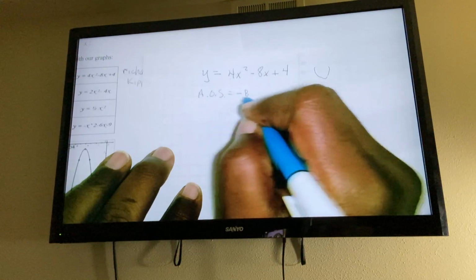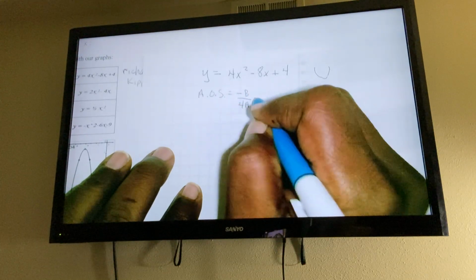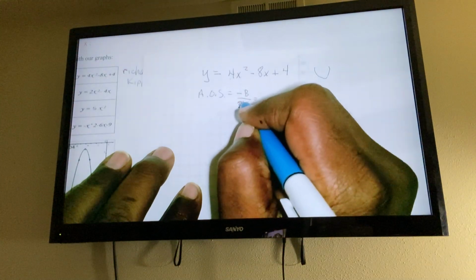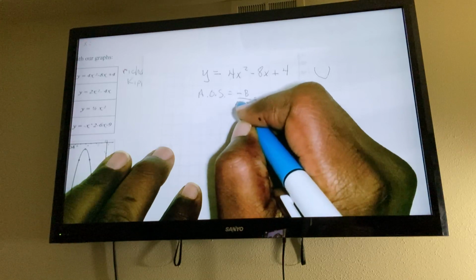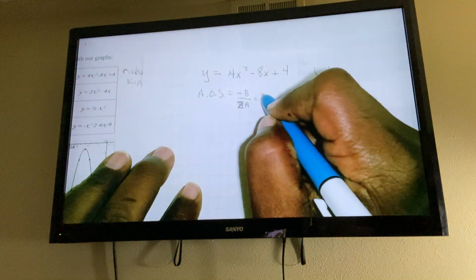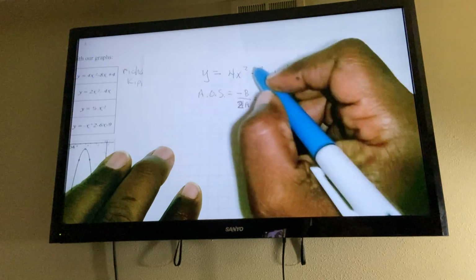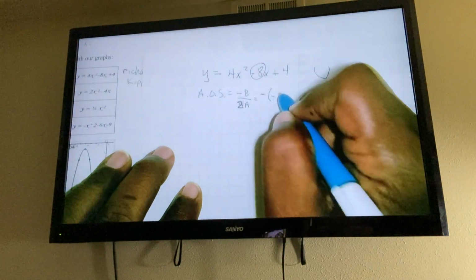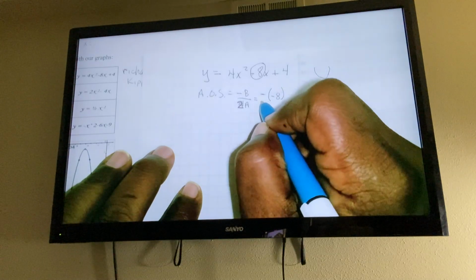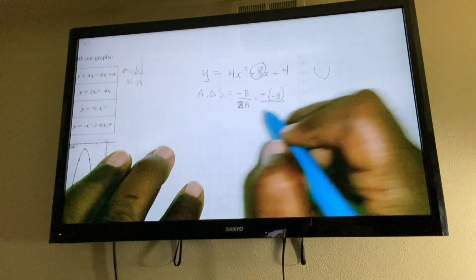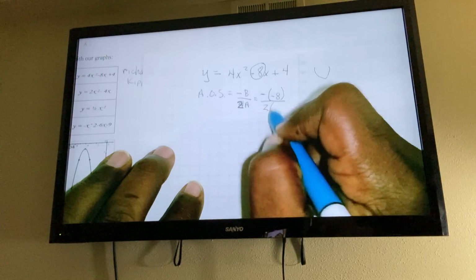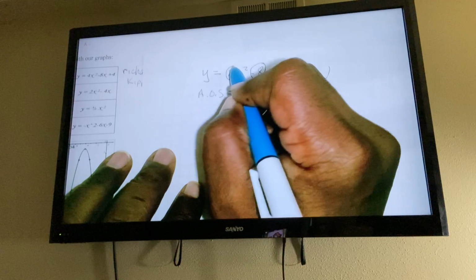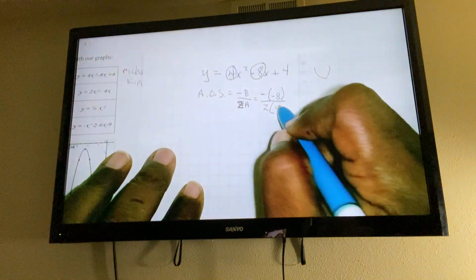Negative b over 2a, sorry. Okay, negative, notice we circle b and its sign, negative 8 over 2 times a, which was 4.